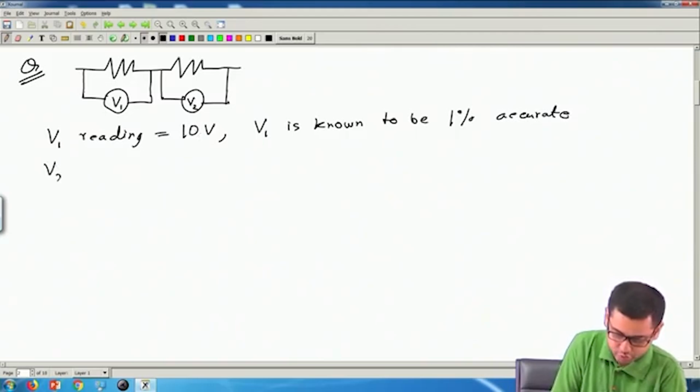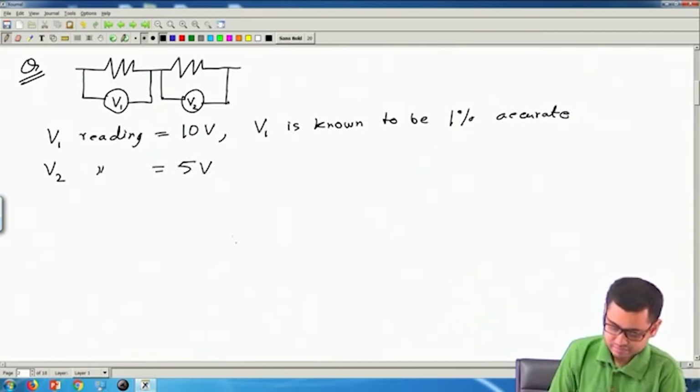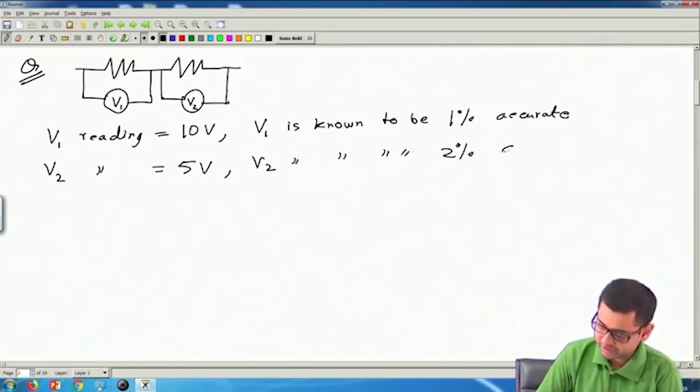And V2 reading is say 5 volt, and V2 is known to be say 2% accurate.